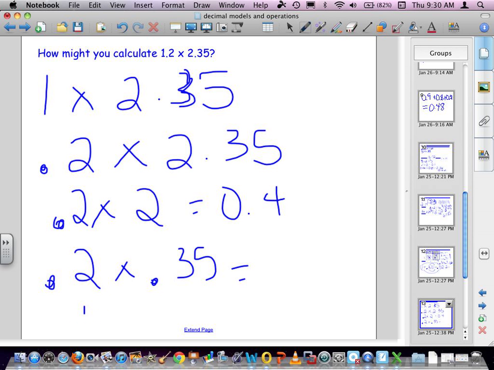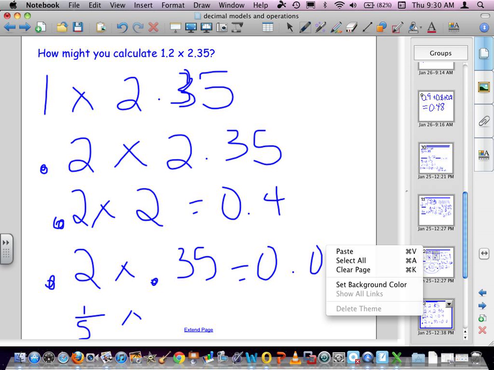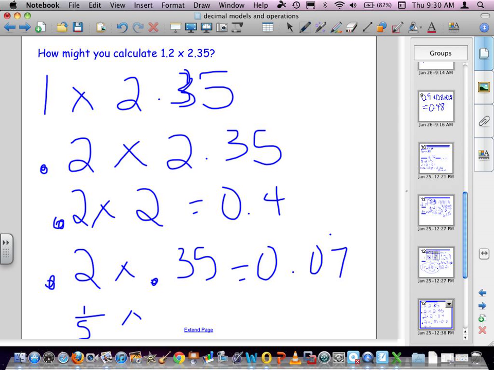So you could think of this as 1/5 of that, and which we learned the other day is 1/5 times by 1/5 is dividing by 5. So he has that mental math strategy down where he knows that that is 0.07. Okay, good. And then you can add that up, and you're good to go.